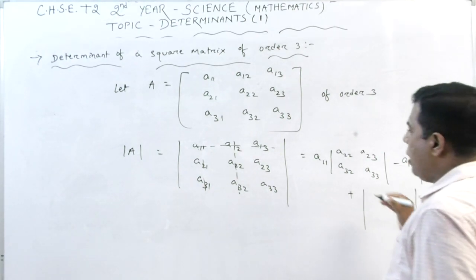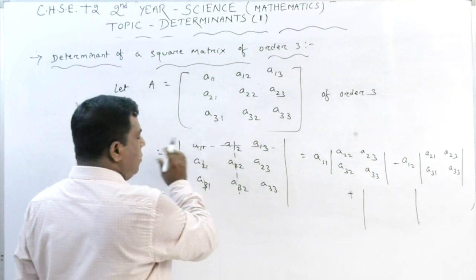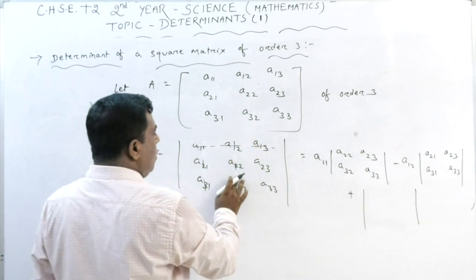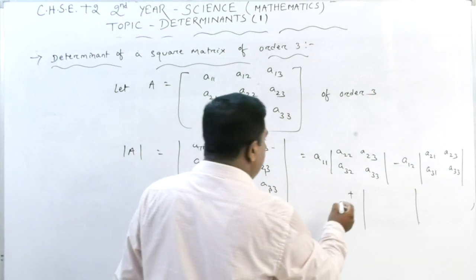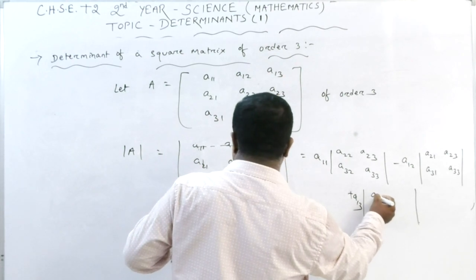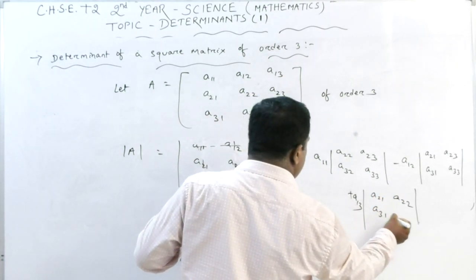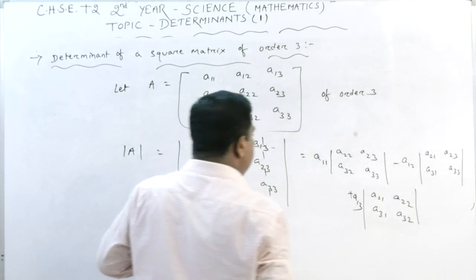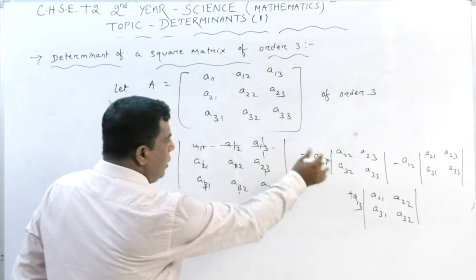Then what we have to do? Again we have to remove the row and the column where the element is present. So it is A13 multiplied with A21, A22, A31, A32. In this way, how can we evaluate it?